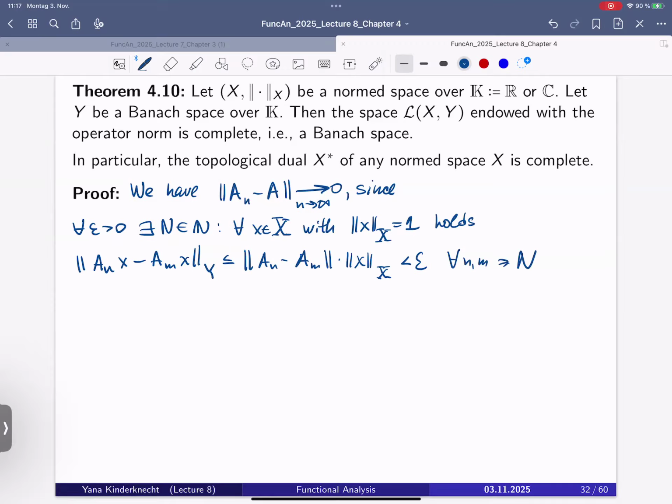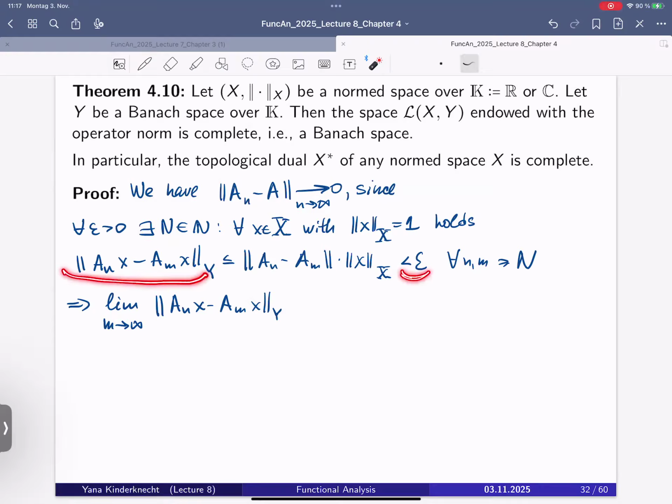But what does it mean? Now in this inequality, let us take the limit when m tends to infinity of this A_n x minus A_m x. Since this is smaller than epsilon, such a limit will be smaller or equal than epsilon for any n fixed.